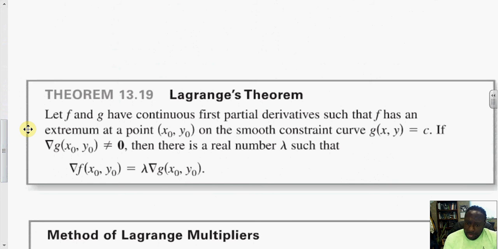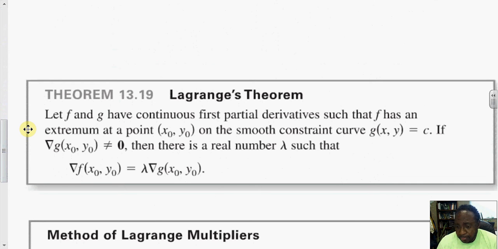The theorem of Lagrange says that if you're given two functions f and g whose first partial derivatives are continuous, because that's what you're going to be using, and f achieves an extremum at some point x naught, y naught on a smooth constraint curve.